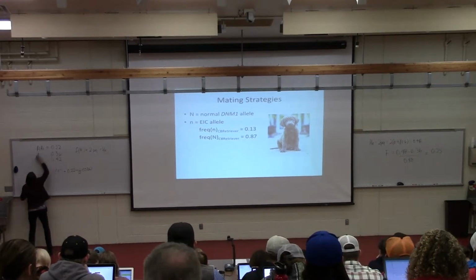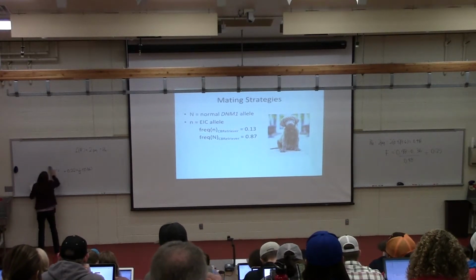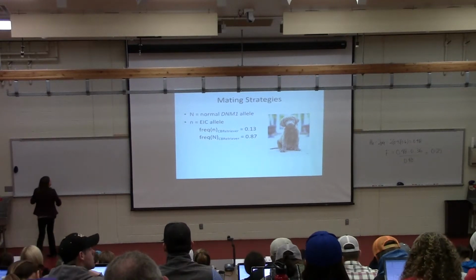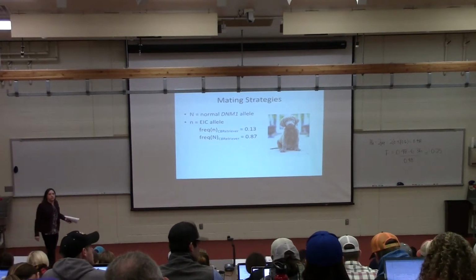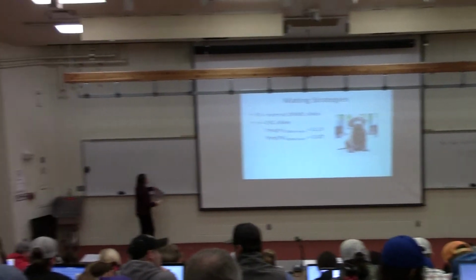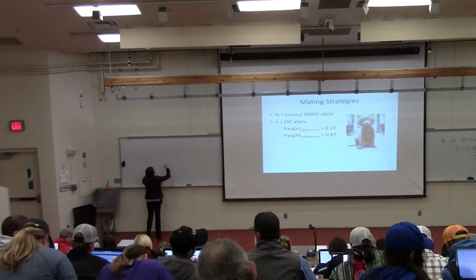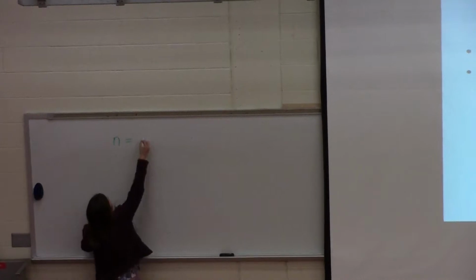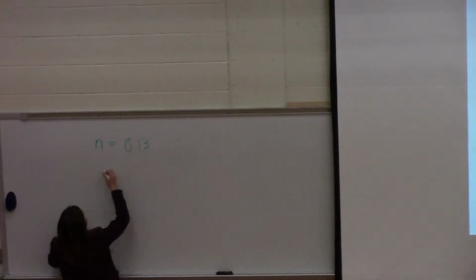And a random sample of those dogs, Chesapeake Bay Retrievers. I mean, isn't that about the cutest puppy ever with little blue eyes, right? So the frequency of that allele in those dogs, so the N allele is our one that causes the collapse in the homozygous state. It's 0.13.